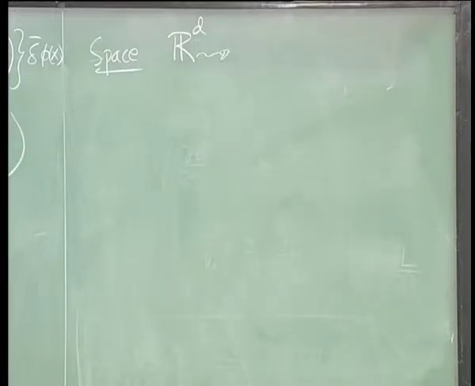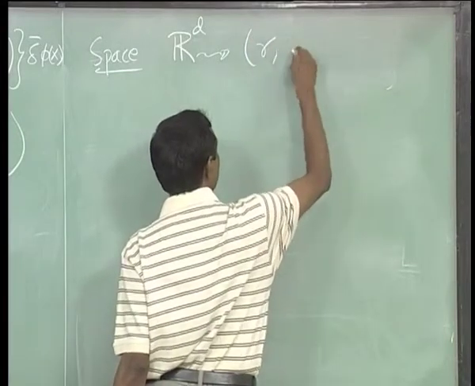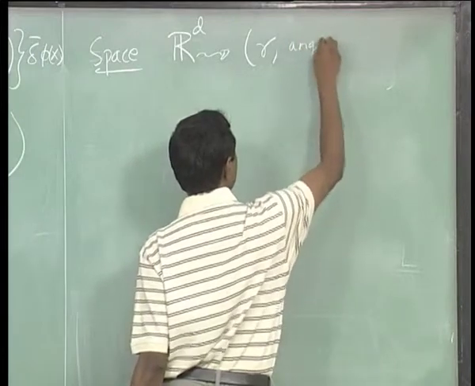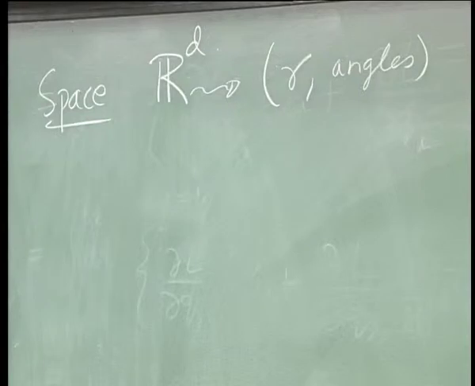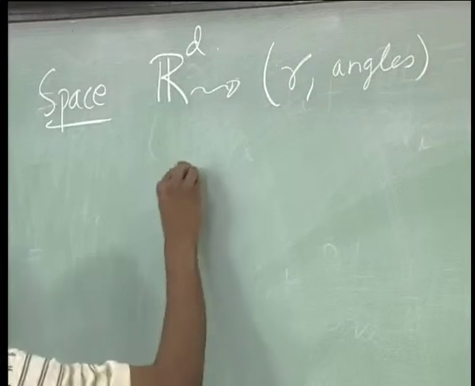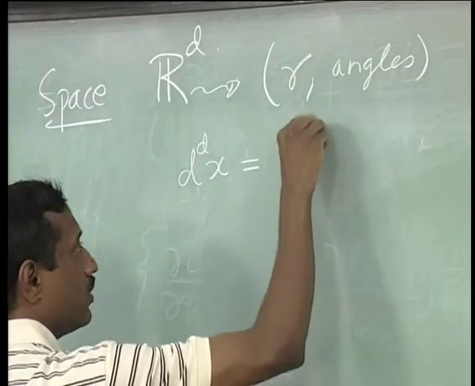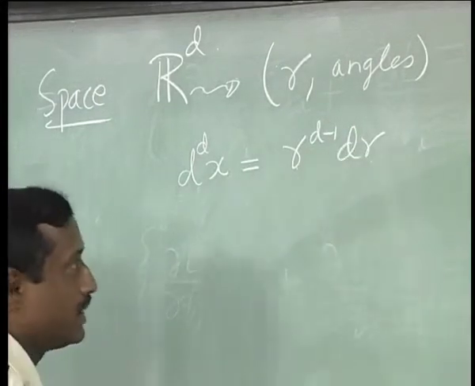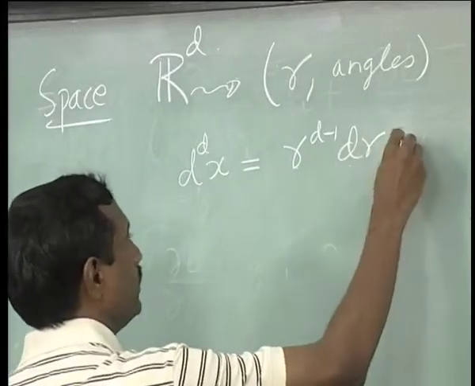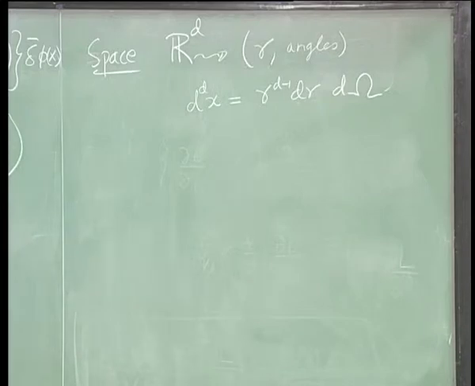If d equal to 3, it will be normal spherical polar coordinates. You choose coordinates which is r and a bunch of angles. For 3 dimensions it would be theta and phi, the usual coordinates. The d-dimensional spatial integral you would write as r to the power d minus 1 dr times some angle integration, which I will write as d omega.